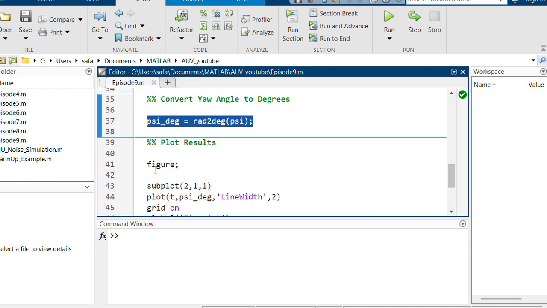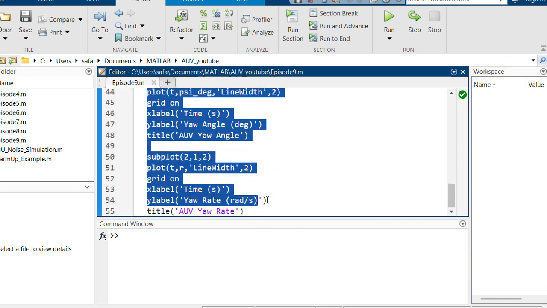And finally, we visualize both the yaw angle and yaw rate responses. At this point, we have translated the yaw dynamics equation into MATLAB code. Let's run the simulation and observe the rotational behavior of the vehicle.